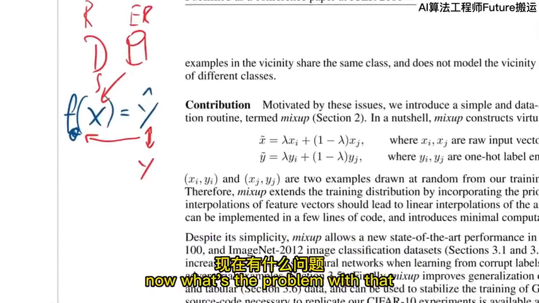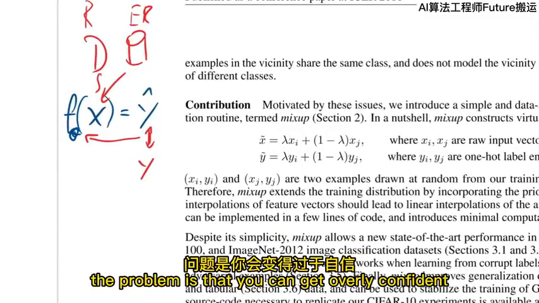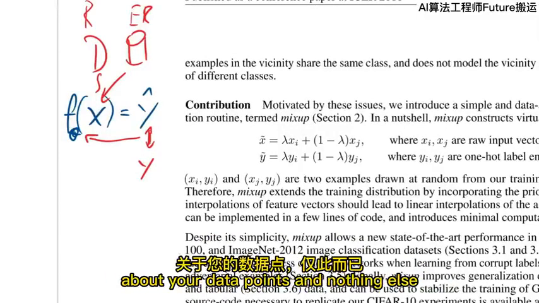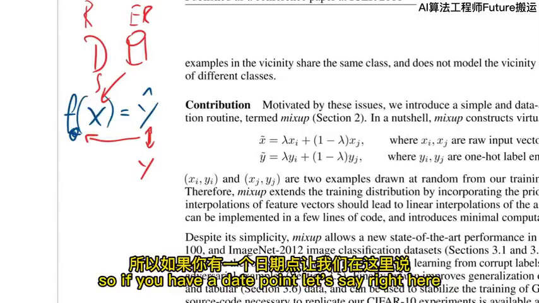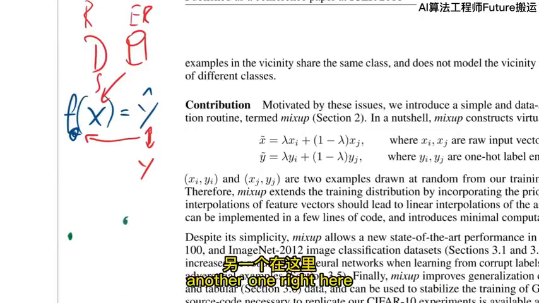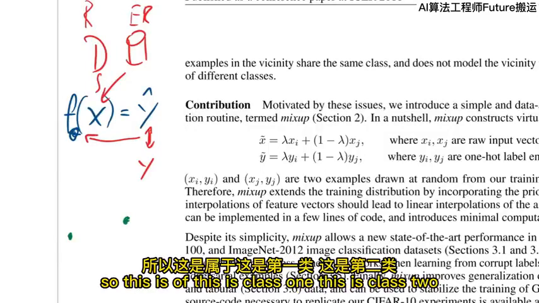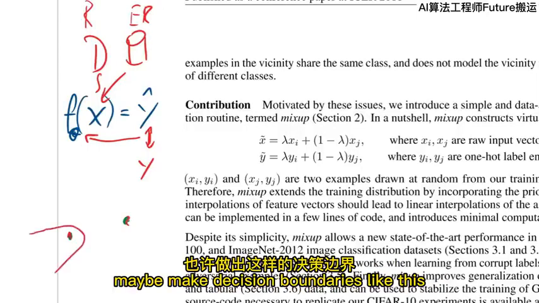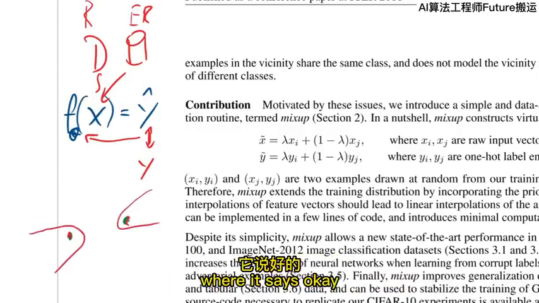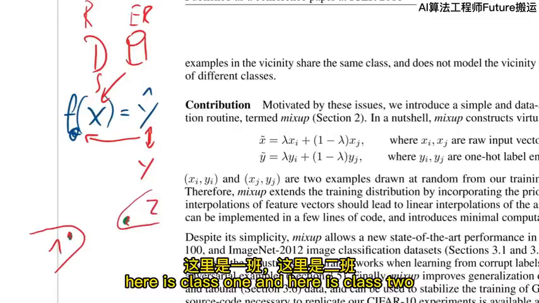Now, what's the problem with that? The problem is that you can get overly confident about your data points and nothing else, and that will hurt your generalization. So if you have a data point, let's say right here, and another one right here, this is class 1, this is class 2. Your network is going to maybe make decision boundaries like this and like this, where it says, okay, here is class 1 and here is class 2.